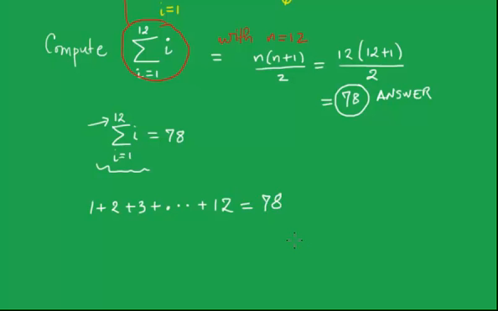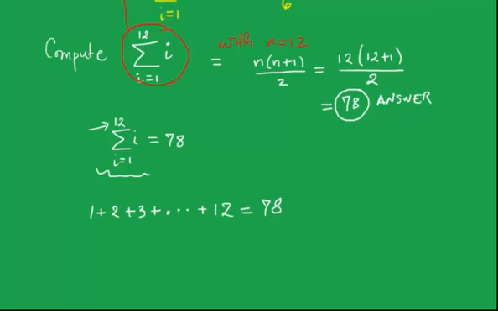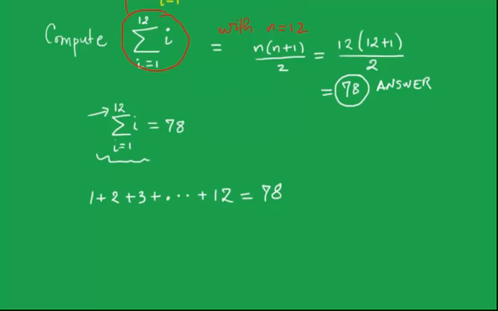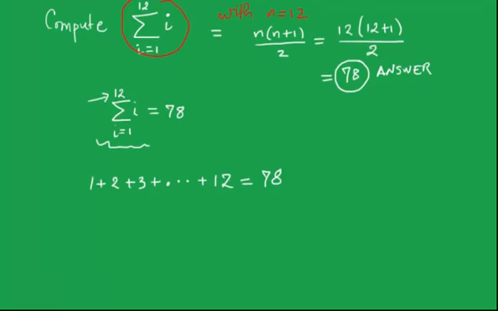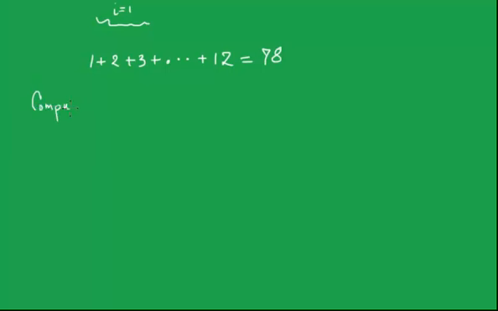Now, we're going to use the linearity of sigma, as I told you earlier. Let's say we want to compute the summation i equals 1 to 20 of 2i minus 8. Sigma here is linear, like I told you.